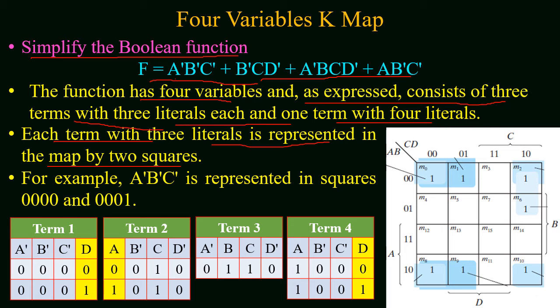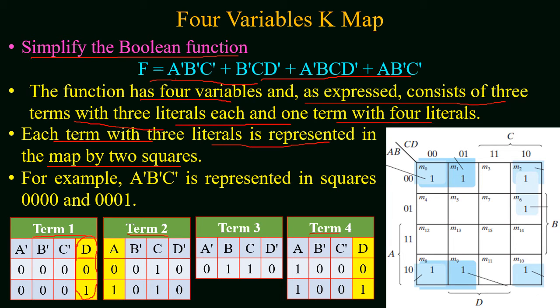Or we can express each term with 3 literals in a map by 2 squares. For example, the first term consists of the product of a prime, b prime and c prime, and the last variable d is missing. So we will introduce the missing variable d with a value of 0 and also with a value of 1. And the same procedure will be followed for the second and the last term.